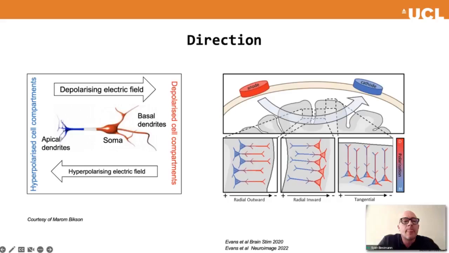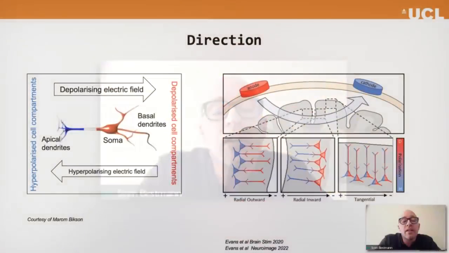Next slide, please. And then on top of that, we've known for a long time that the direction of current with regard to our neural structures is of great significance to what it actually does to those neurons. Now, in the case of TES, we have the problem that we have a folded cortex, and so at any point that is exposed to current, we may actually get very different polarization of the neural structures we want to target.